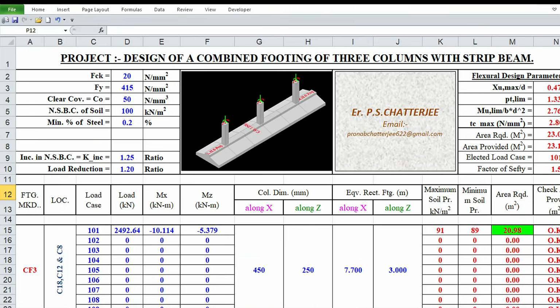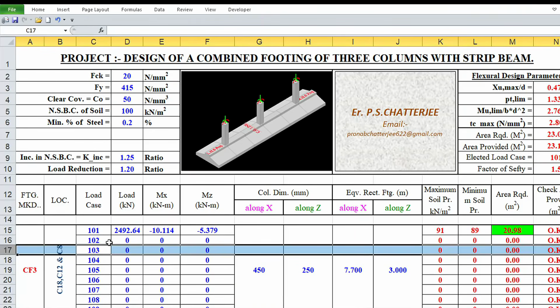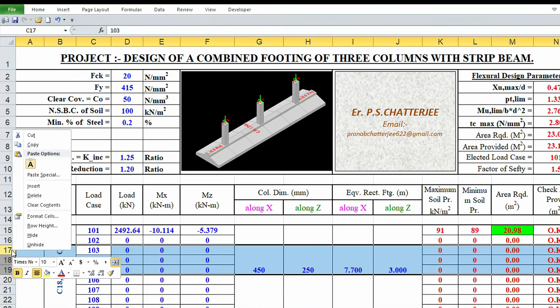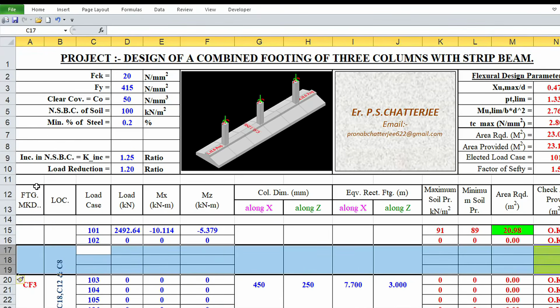So first select below 102 load case. Then say we require 3 more load cases. Then select 17, 18, 19 and then right click your mouse. Then insert.